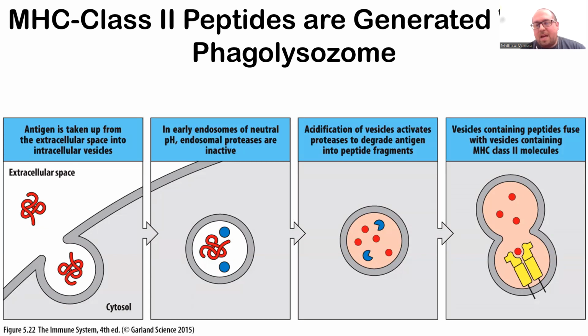So this kind of function, and why this is important, is because the ability to get these extracellular pathogens and have their epitopes loaded onto MHC class 2 depends on the degradation of that microorganism and its proteins, and as such, in the absence of the proteasome.